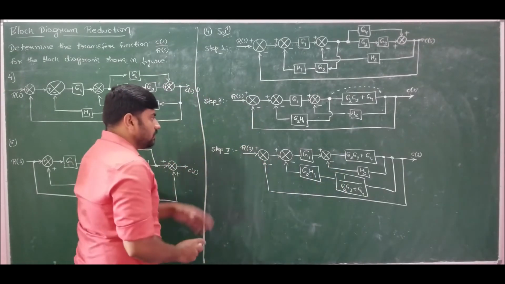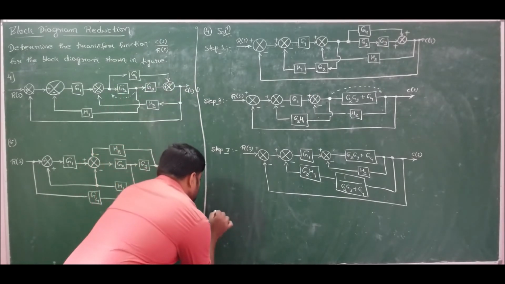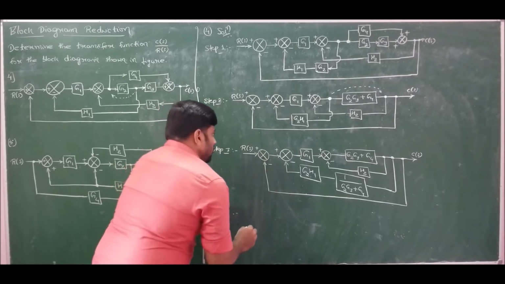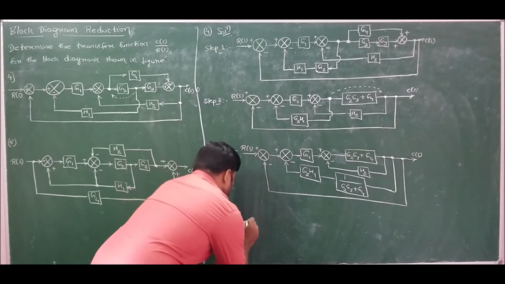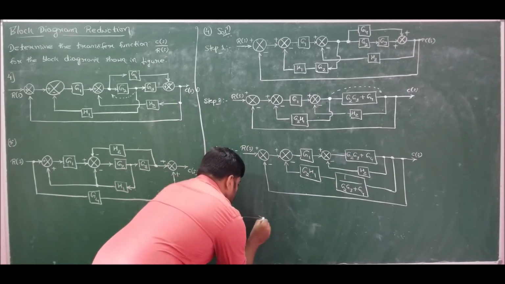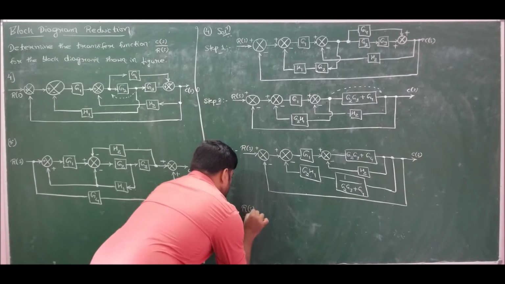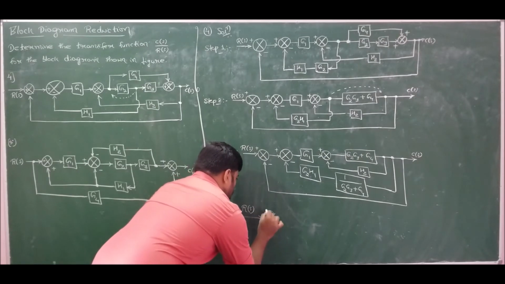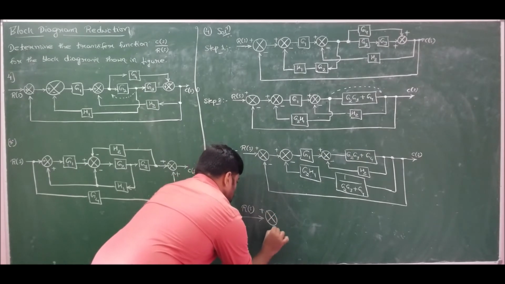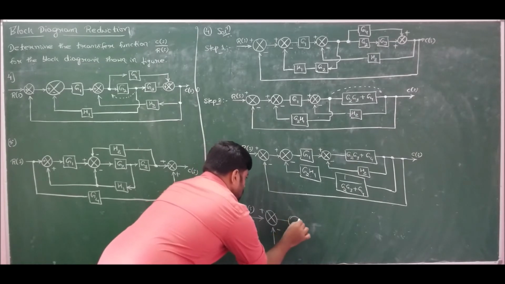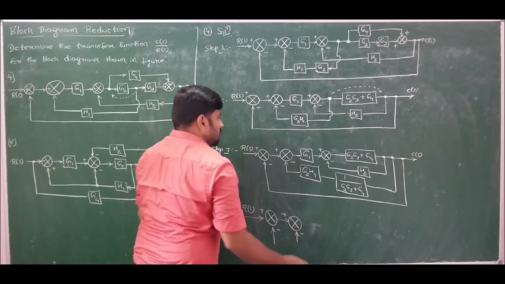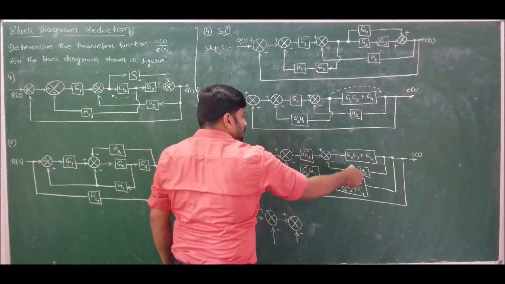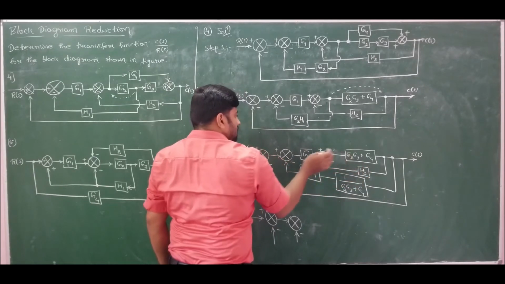So this is how we should solve. Let us quickly write down the answer for this. If I move to step number 4, we are left with this, so I should solve this and multiply this one. So I'll write it in one go in order to reduce the steps. Plus minus, plus minus. So this solution is G of S by 1 plus G of S into H of S, that will be in series with G1.